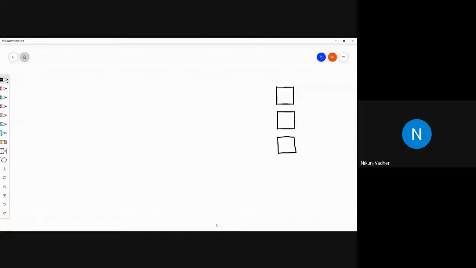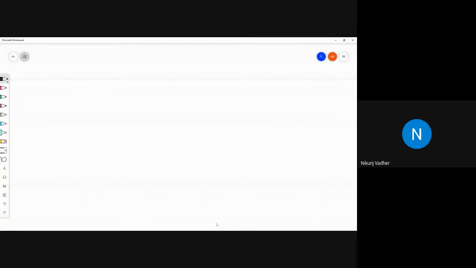I think I have to leave a lot of space, otherwise it won't fit.